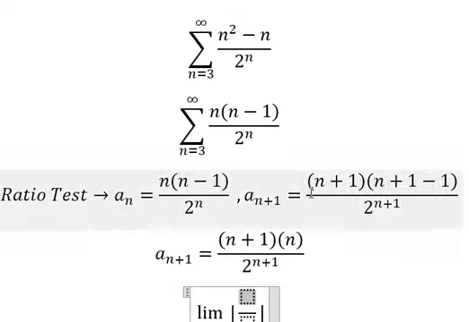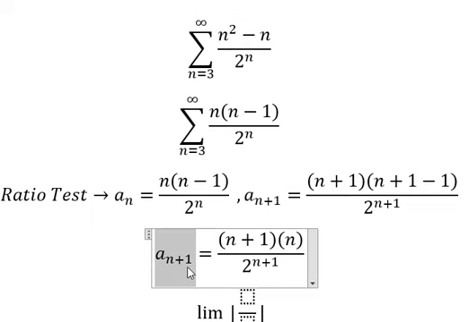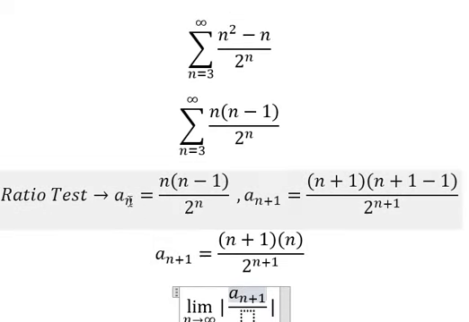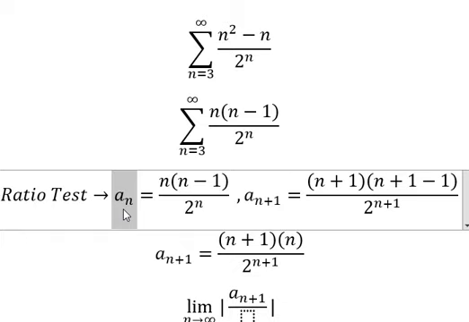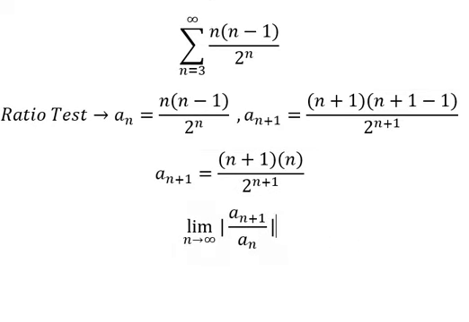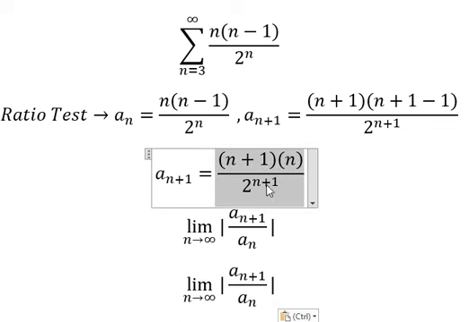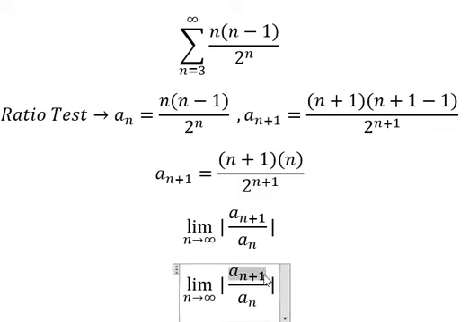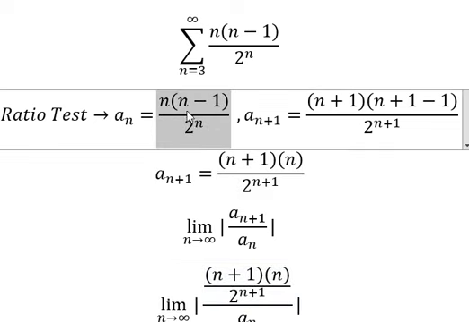So this one is a_(n+1), and this one is a_n. So a_(n+1) is this one, and a_n is this one.